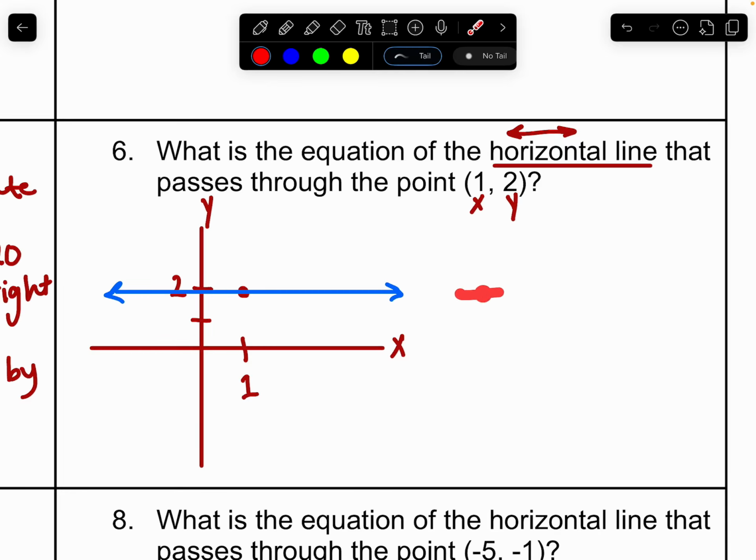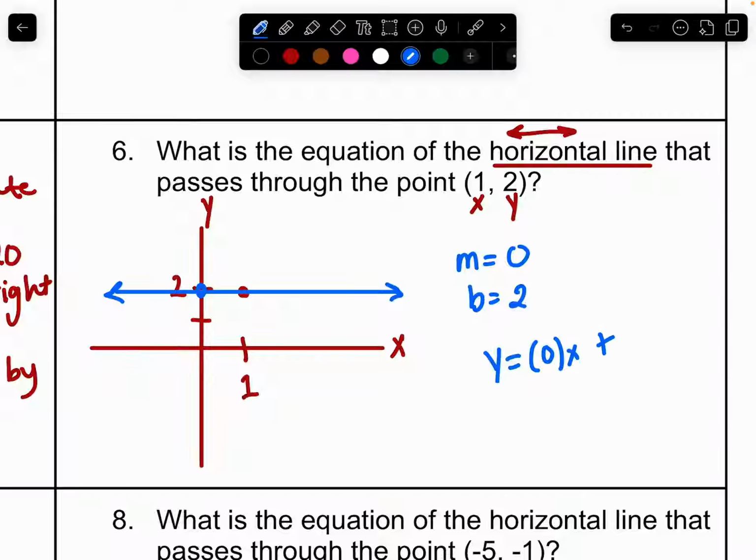And what do you remember about a flat line? The m, the slope would be 0. And my b is actually 2. So my equation is y equals 0x plus 2, mx plus b. So actually my equation is just y equals 2.